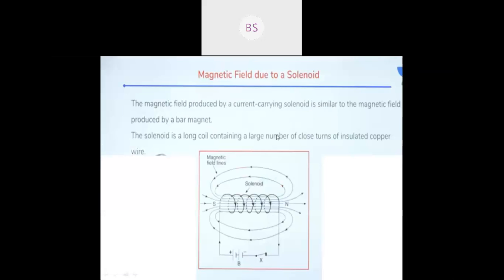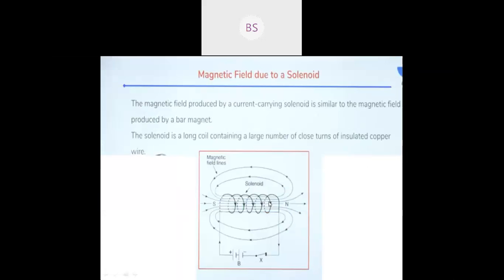Okay, magnetic field due to the solenoid. As I have mentioned, the magnetic field produced by a current carrying solenoid is similar to the magnetic field produced by a bar magnet. Bar magnet you have observed. The solenoid is a long coil containing a large number of closed turns of insulated copper wire. As in the previous one I mentioned, it is like a heater type coil.